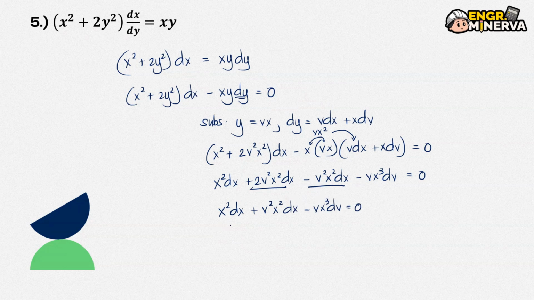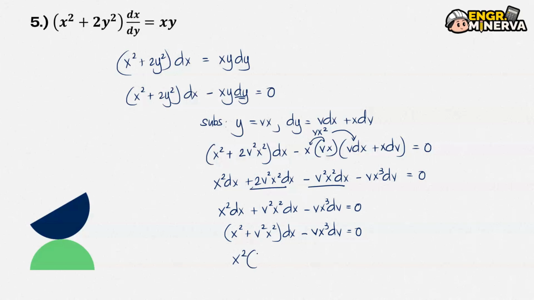We group all the terms with dx. That would be (x squared plus v squared x squared) dx minus v x cubed dv equals 0. Then factor out your x squared. That would be, okay, I'll just put v squared first. x squared (v squared plus 1) dx minus v x cubed dv equals 0. So the differential equation is now separable.